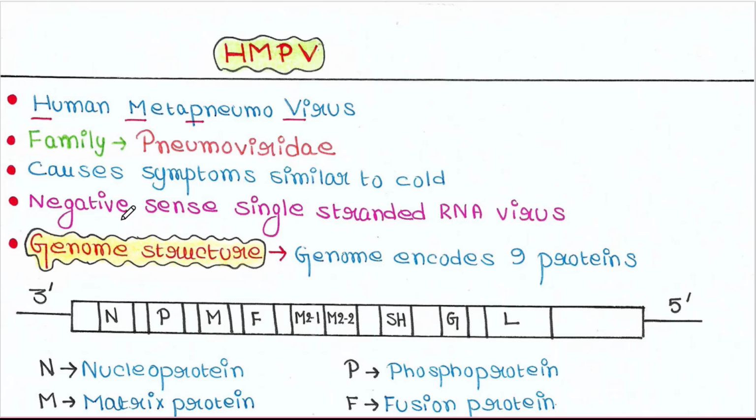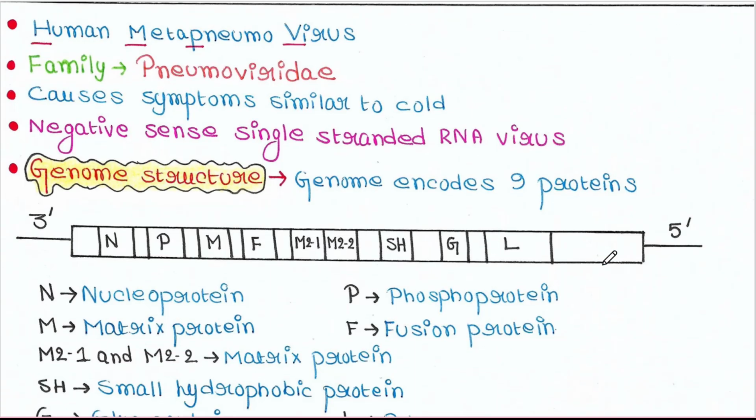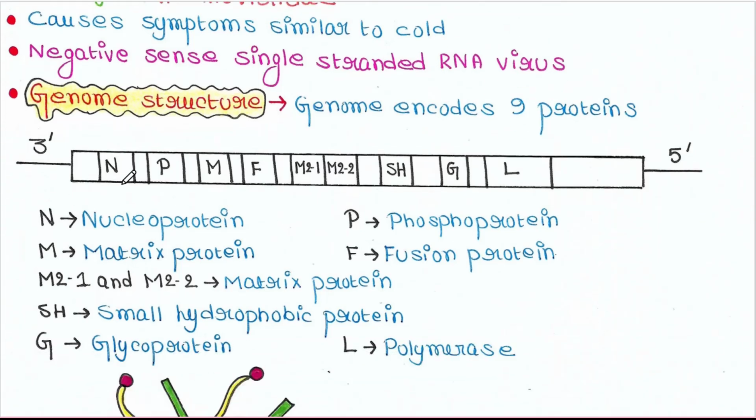Okay, now let's talk about its genomic structure. The viral RNA encodes 9 proteins such as N, P, M, F, M2-1, M2-2, SH, G, L. The direction is from 3 to 5 prime.